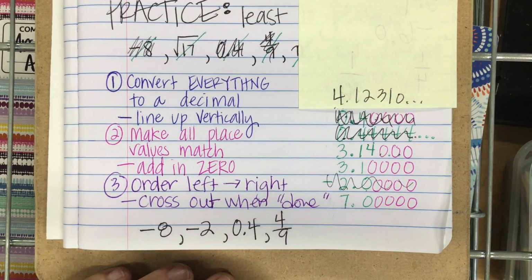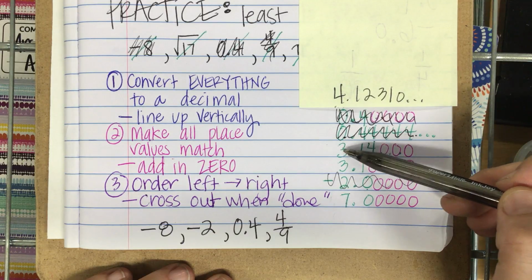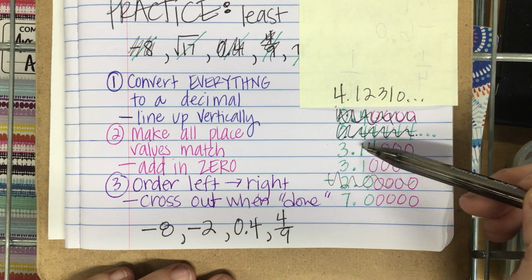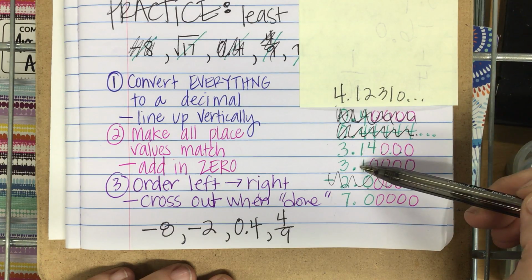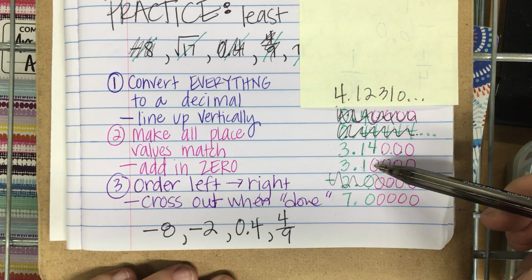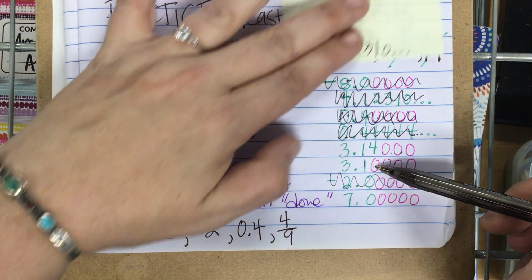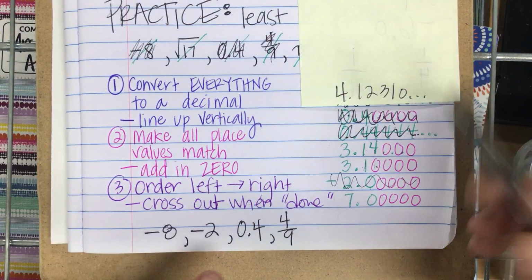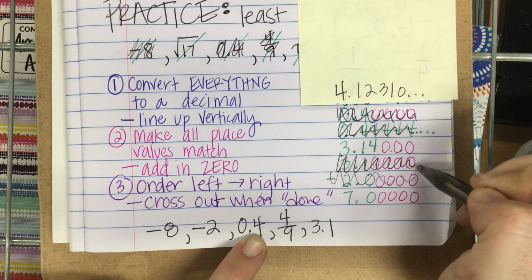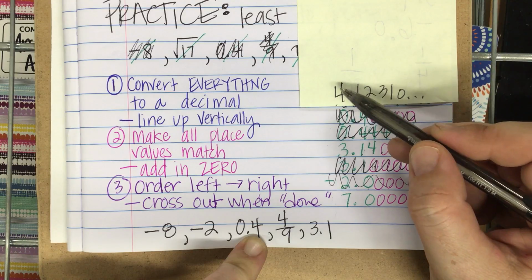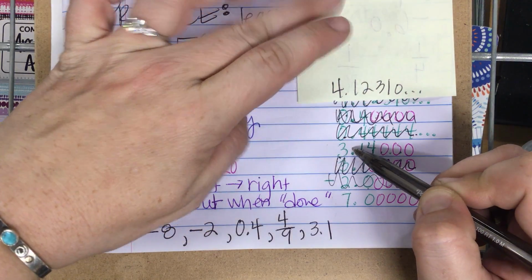Okay. Now my smallest number is 3, but they're the same. So I go to the next. 1, they're the same. And then 0, which is really 3.1. So I'm going to write 3.1. Then pi. My smallest digit is 3.14, which was pi.